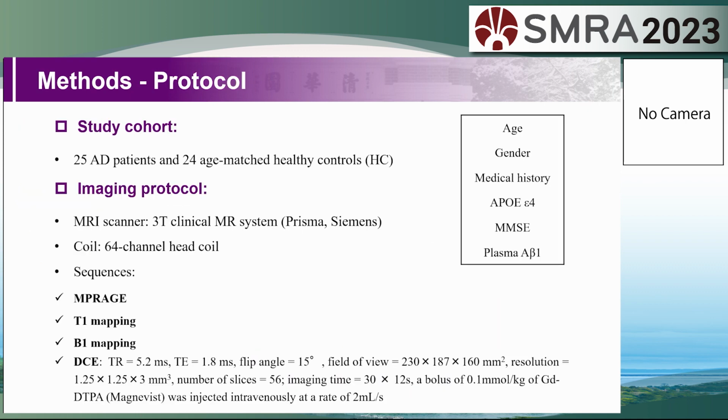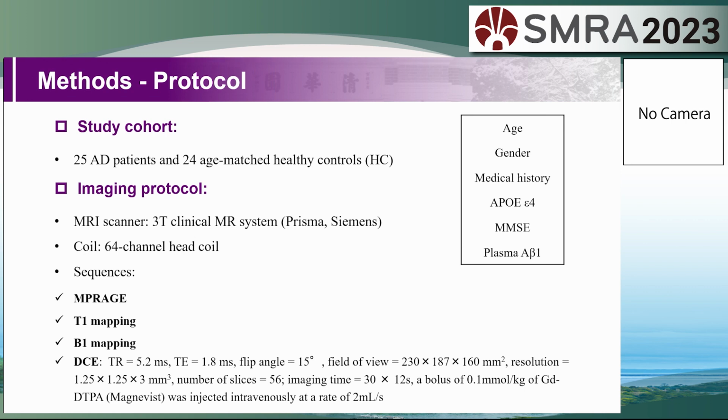In this study, we included 25 AD patients and 24 age-matched healthy controls from the friends or relatives of the AD patients. All participants were scanned with a 3T Prisma scanner with a 64-channel head coil. MP-RAGE, T1 mapping, B1 mapping, and DCE were scanned.